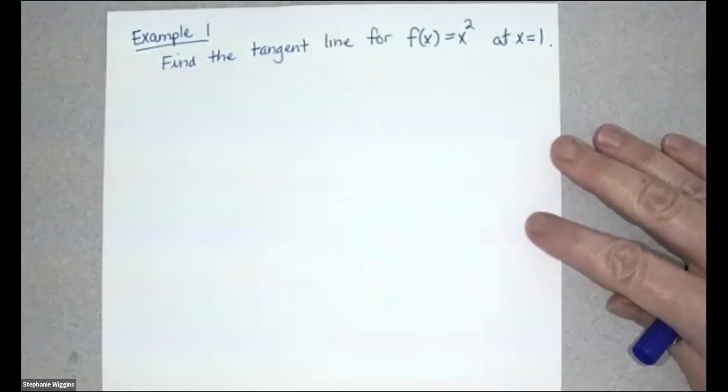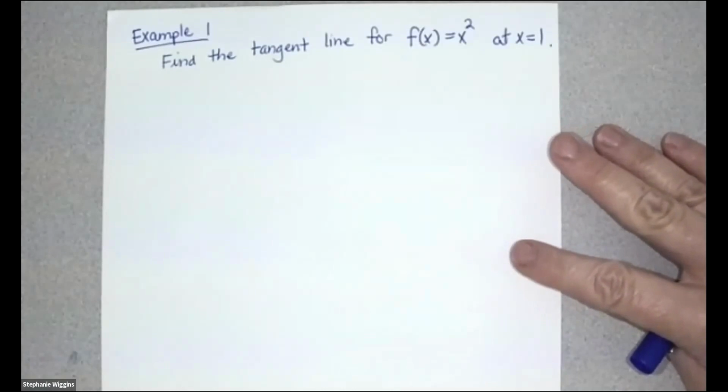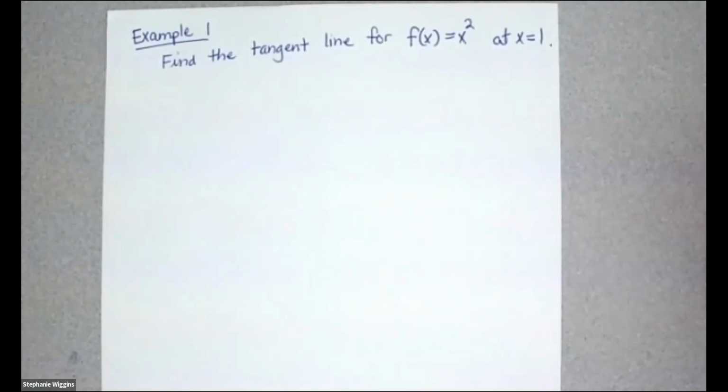I want to find the tangent line for f of x equals x squared at the point when x equals 1.